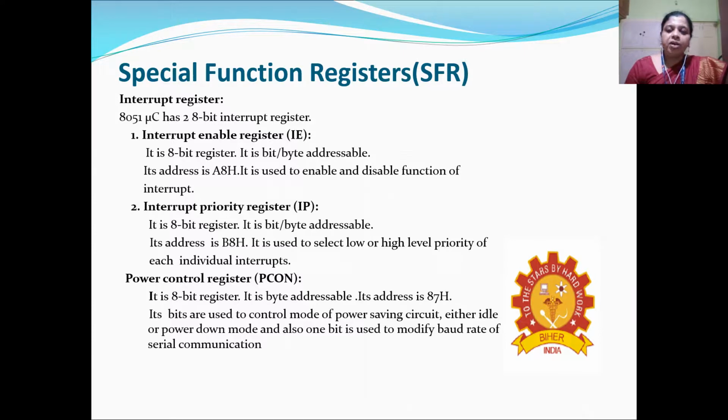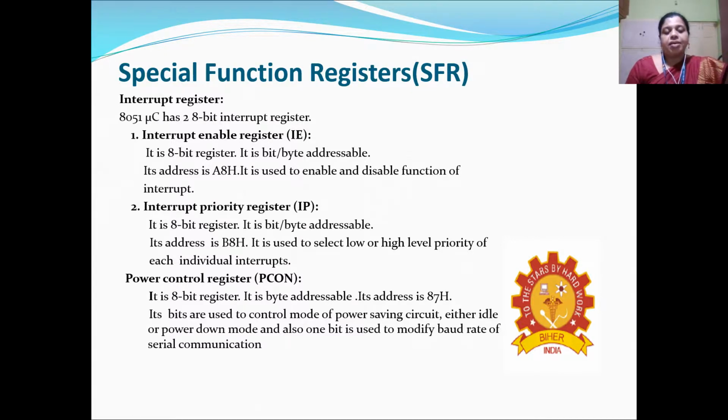And interrupt priority means, if we have many interrupts at a time, we have to resolve the priority. So for that we have this interrupt priority register. The main purpose of that is to select the low level or high level priority of the individual interrupts. Both these registers are going to be bit or byte addressable.